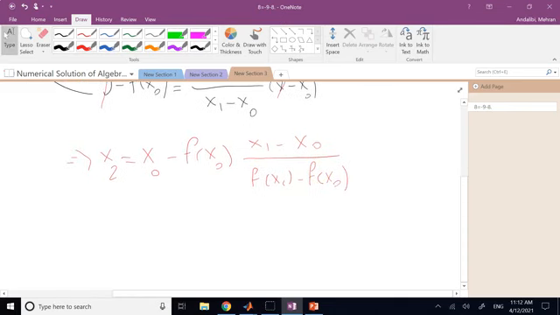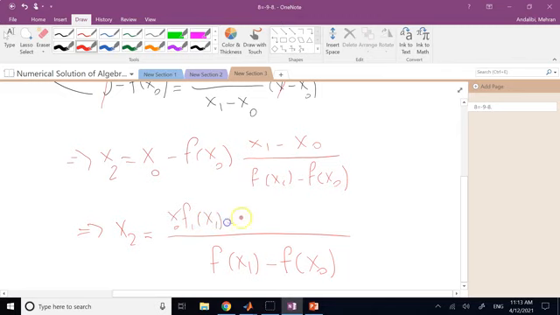Okay, so you can use your equation in this way if you want, or if you prefer to make it all one single ratio, then what you need is to take common denominator, and here you have to multiply this x0 by the whole thing. This is for x0 multiplied by that, now minus this f of x is multiplied by that, so this is negative x1 times f at x0, and then here is negative negative, so it is going to be positive x0 times f at x0.